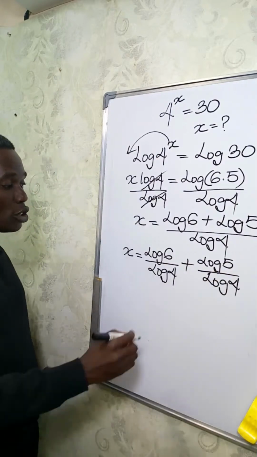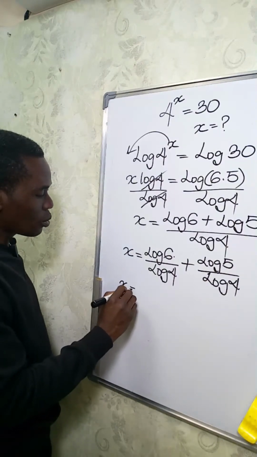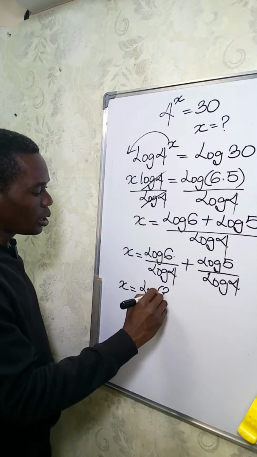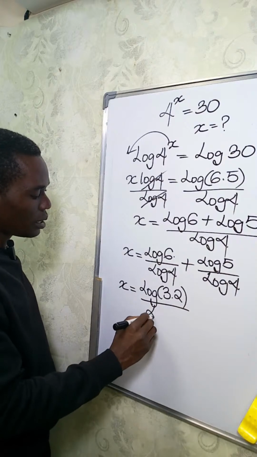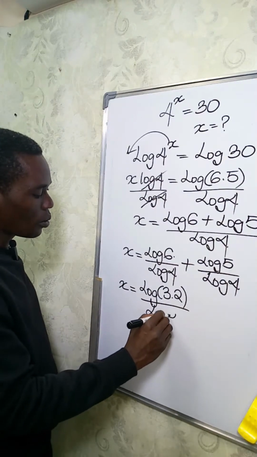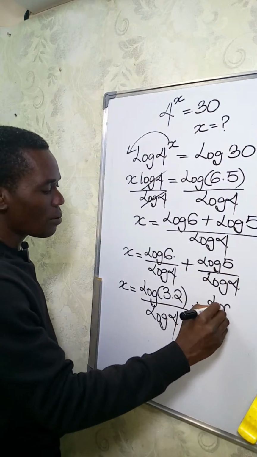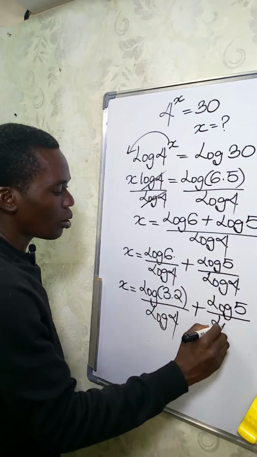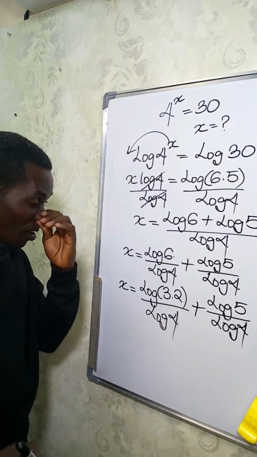Great. Now, do you know that this can also be broken down? Then I'll have my x equal to the log of, this can become 3 multiplied by 2, right? And all of these divided by the log of 4, while this can be plus the log of 5 divided by the log of 4. Great. Now, what do we do from here?